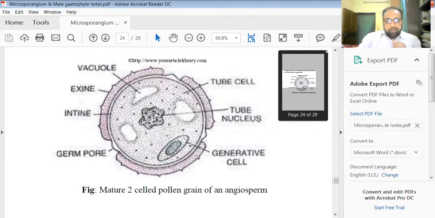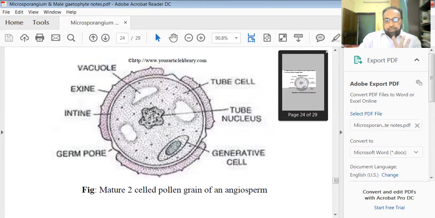It means that when this pollen grain starts to germinate, it germinates from this germ pore. This in time enlarges. Ultimately, the exine ruptures over there. As you can see, the generative cell is present toward the lower side, and in the central side, the tube nucleus is present.